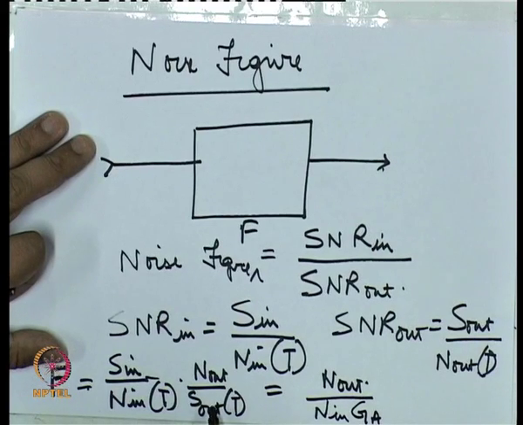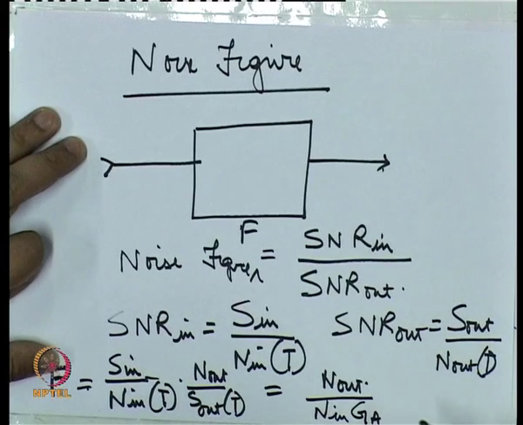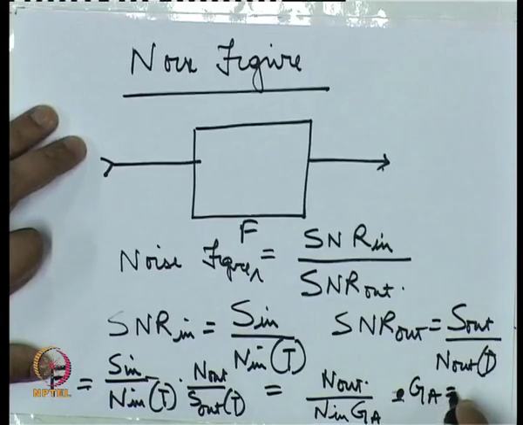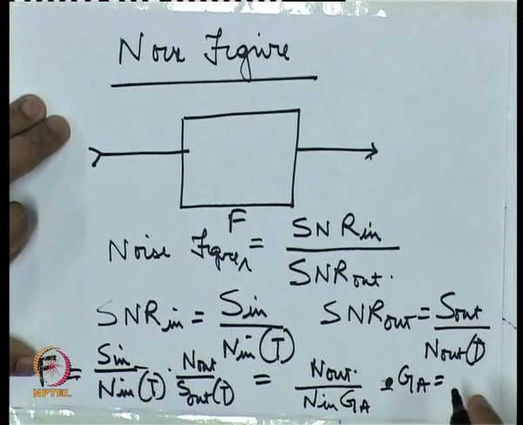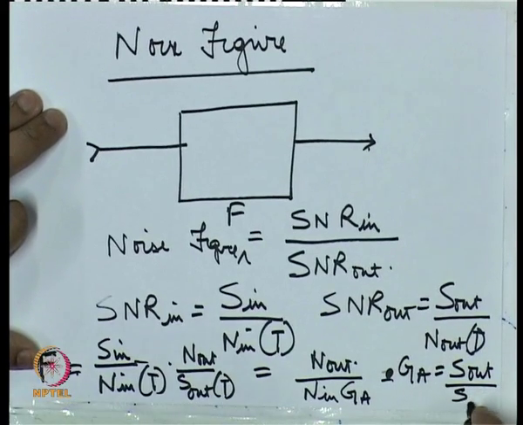GA is the actual power delivered to the load upon the power available from the network. So that's why S out upon S in is equal to GA, and GA is equal to S out over S in.